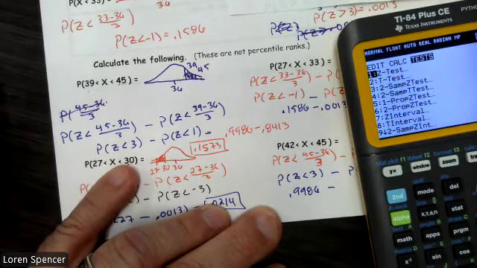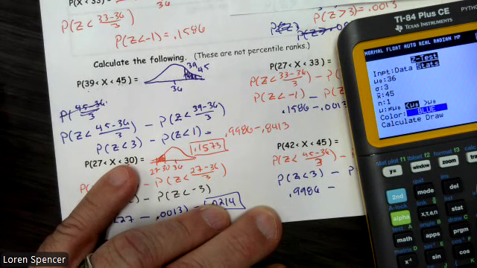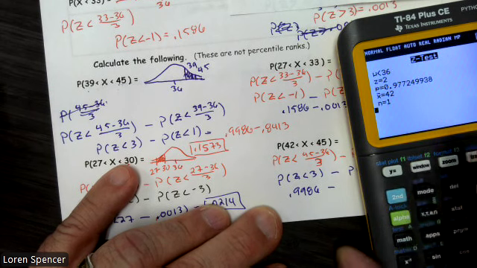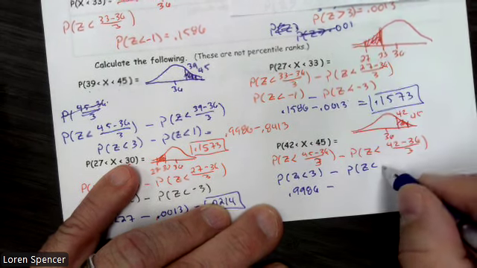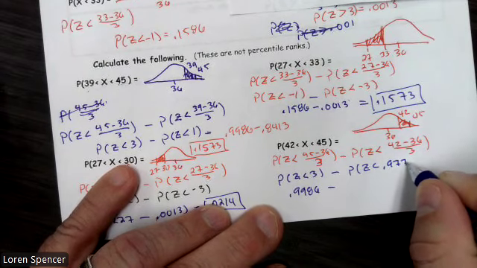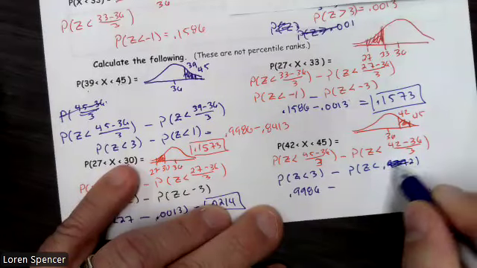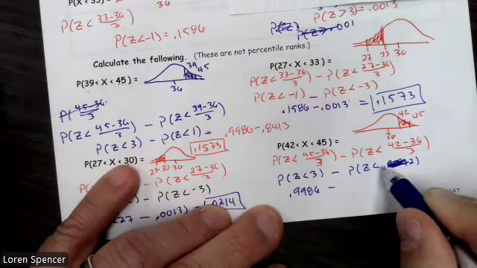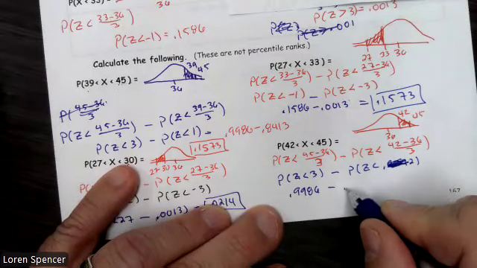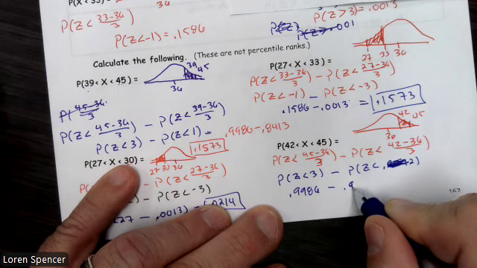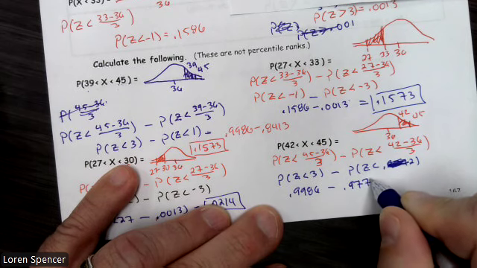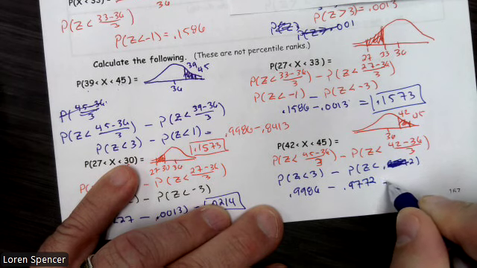stat test, Z test, 42. Oops, probability Z is 2, and that is 0.9772.